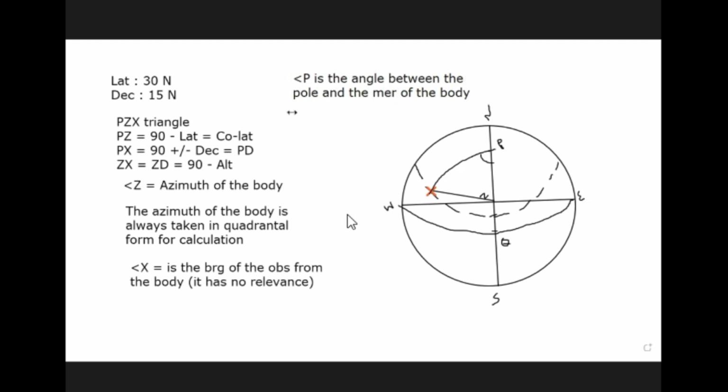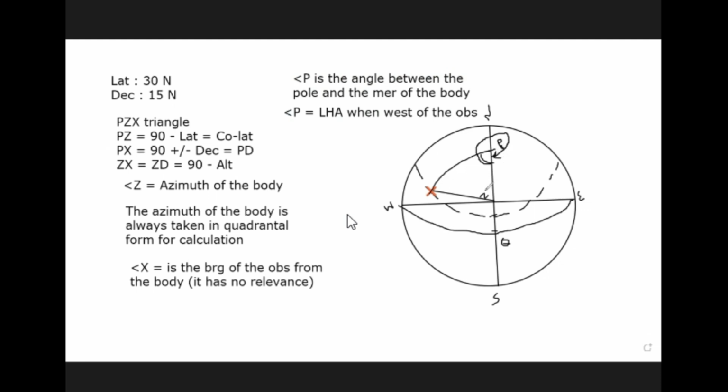So we say that angle P is equal to LHA when the body is west of the observer, because it is a westerly hour angle. So in this case, angle P will be LHA, because it is west of the observer directly, because LHA starts from the observer's meridian, goes all the way around to whichever body is there, and then comes back when LHA becomes 360, back to 0.